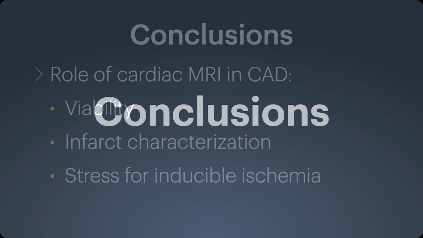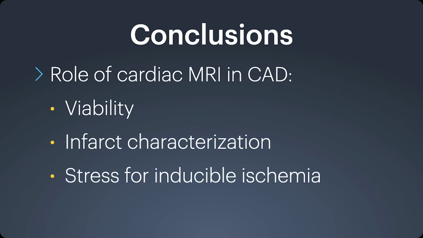Okay, well, in conclusion, this has been, I know, kind of a whirlwind tour through coronary artery disease on cardiac MRI. But what are some take-home messages? Well, cardiac MRI is an effective diagnostic tool for patients who have known or suspected coronary artery disease.